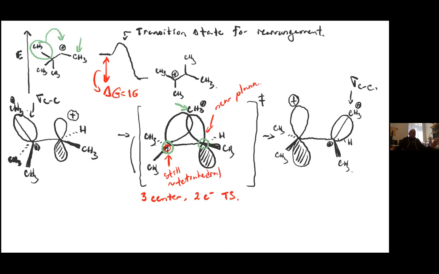If you understand that orbital interaction, it's all the same. It's just perturbations on that interaction. So we are starting here with a hyperconjugative interaction between the CC sigma bond and the empty 2p orbital. We just take that hyperconjugation interaction and let it wiggle around, and all of a sudden you've got the transition state, and then you've rearranged. So yes, it's great insight. It's all the same.